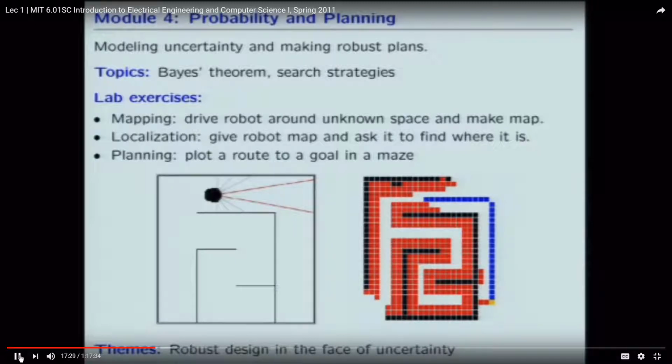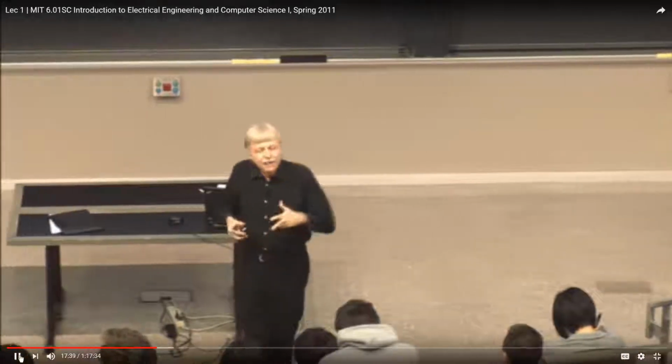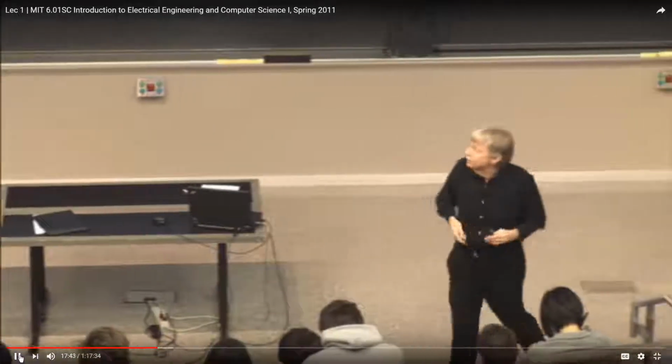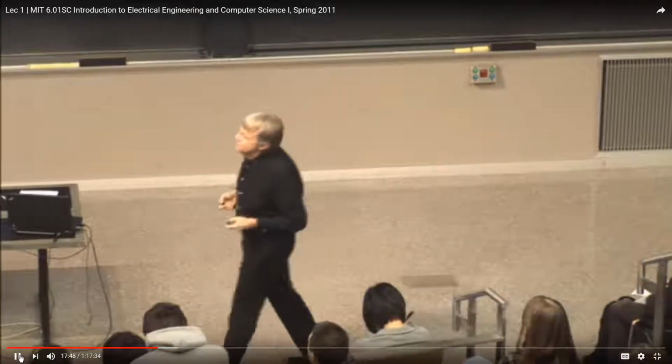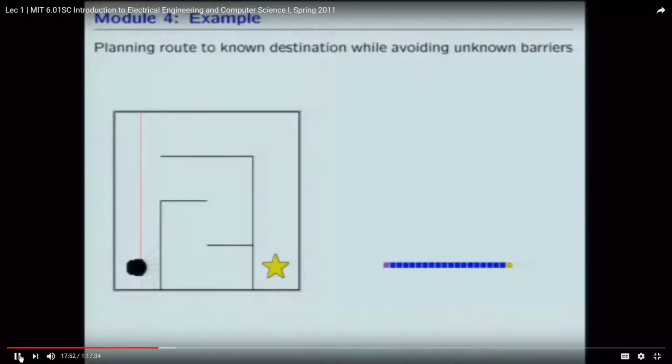So there's a number of things that we will do, including creating maps of spaces that the robot doesn't understand, telling the robot how to localize itself, how if it woke up suddenly in an environment, it could figure out where it is, how to make a plan. And as an example, I'll show you the kind of system that we will construct.